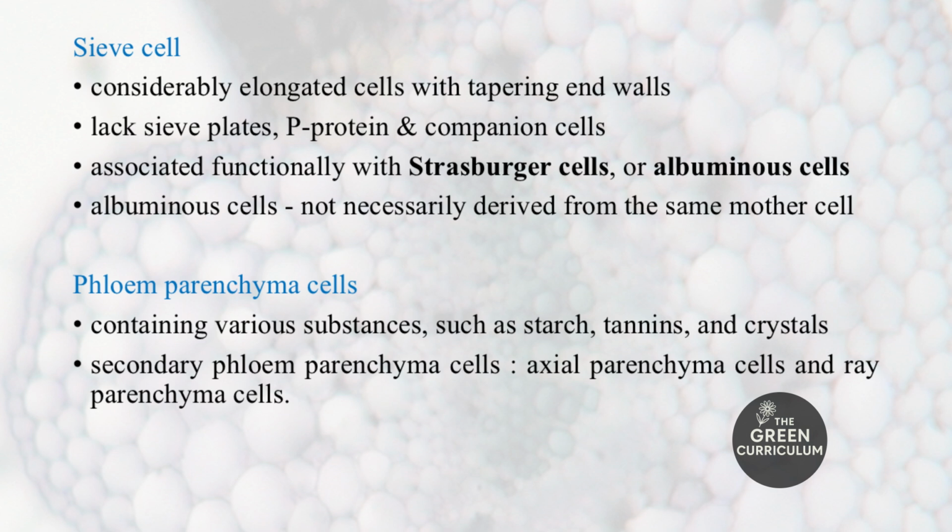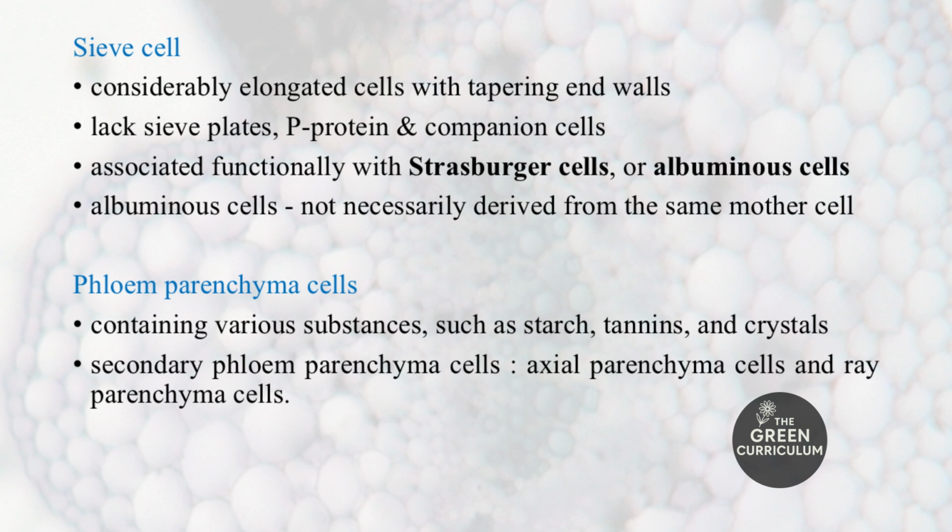And next is the sieve cell. The sieve cell is the sieve element seen in gymnosperms, ferns and other plant groups except angiosperms. It is also an elongated cell and has tapering end walls, and it lacks P proteins, companion cells and sieve plates.